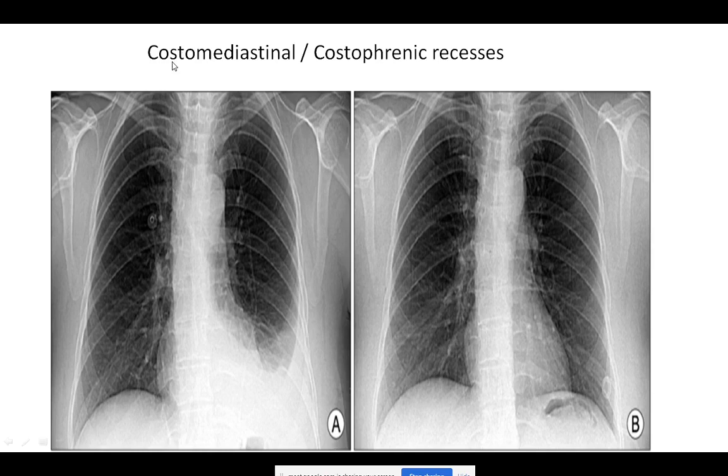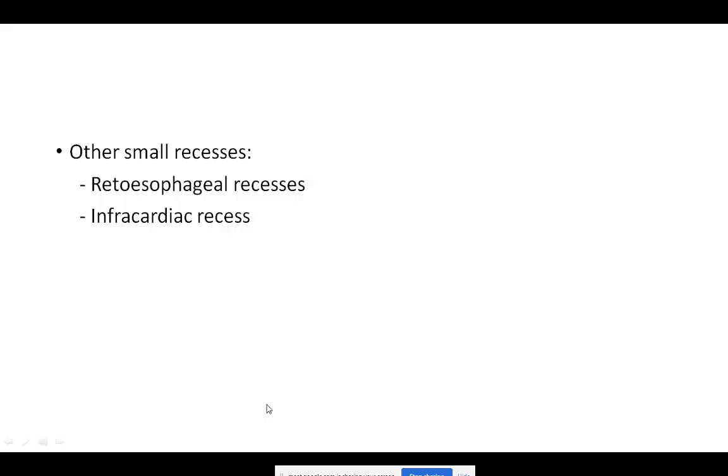We can also see the costomediastinal recess, this portion. In a normal X-ray it is sharp and very clear, whereas in an abnormal X-ray we can see it is blunt and overshadowed, it is opaque at this region, and we cannot see the recess.